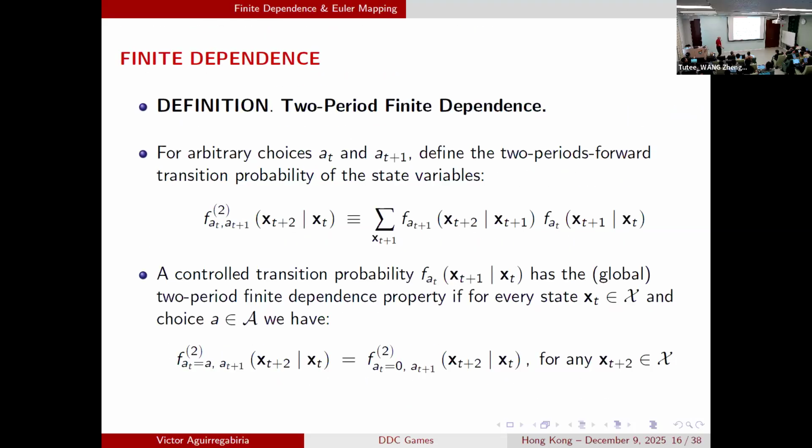Fortunately, even this global definition of finite dependence applies to a very large class of models that we have in economics. I work in empirical I/O, where perhaps we consider simpler models of the evolution of the endogenous state variables relative to labor, for instance.